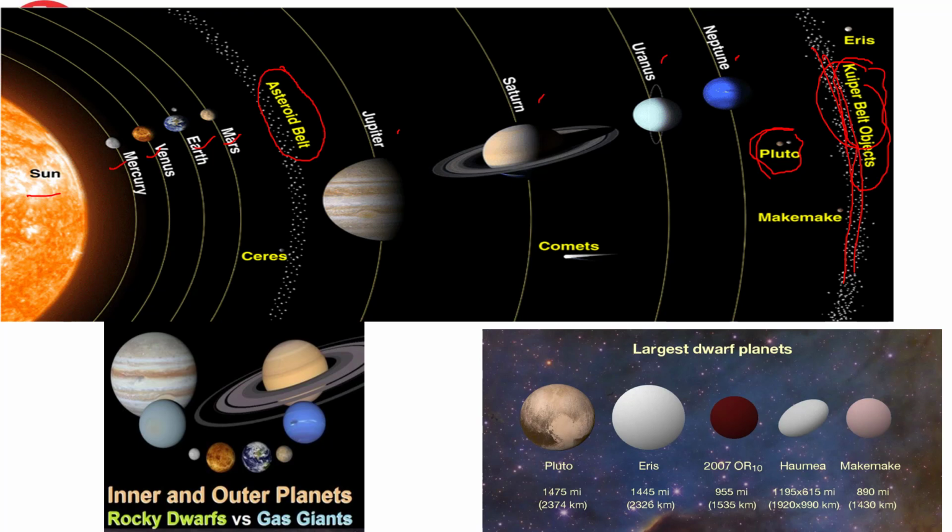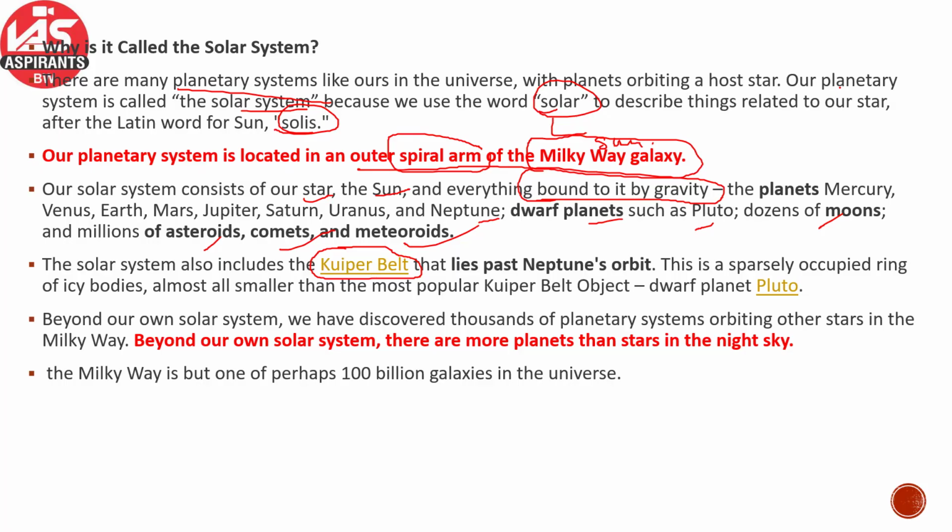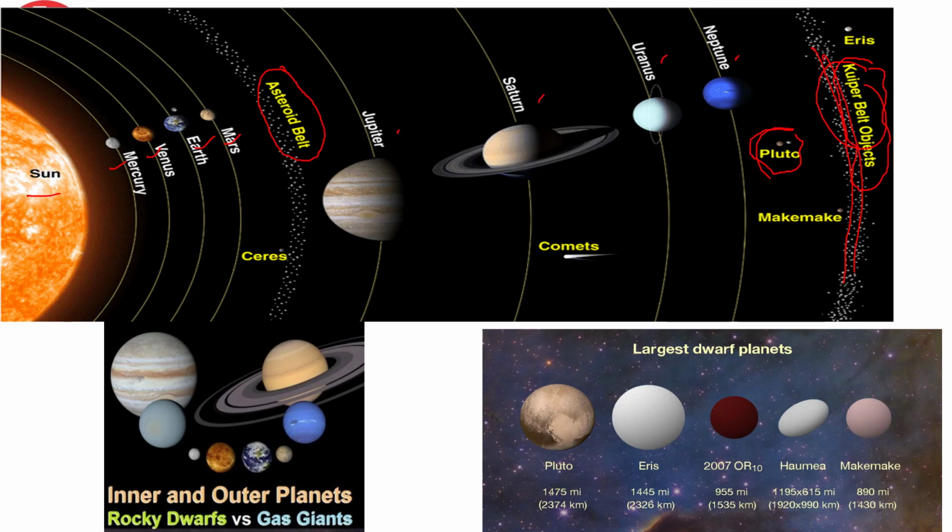Okay. So what is this Kuiper Belt? The Kuiper Belt lies past Neptune's orbit. So you just saw here, this is Neptune over here, and beyond Neptune, the Kuiper Belt lies. So Pluto comes under the Kuiper Belt.